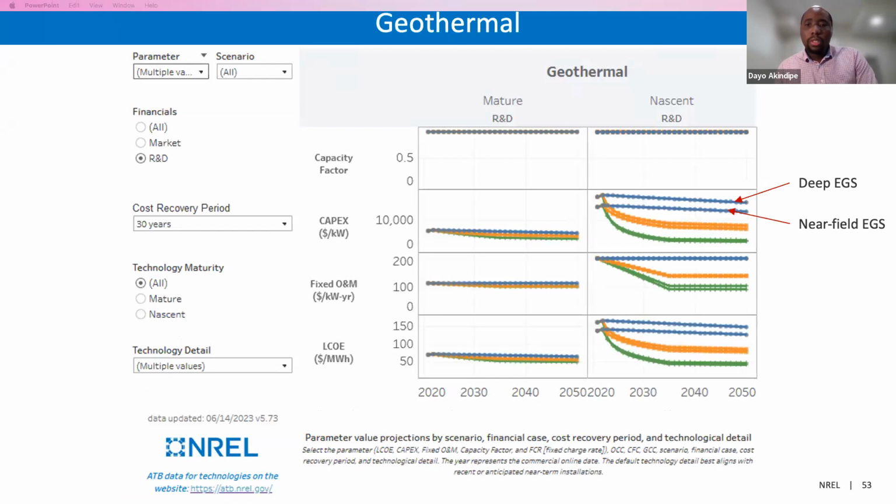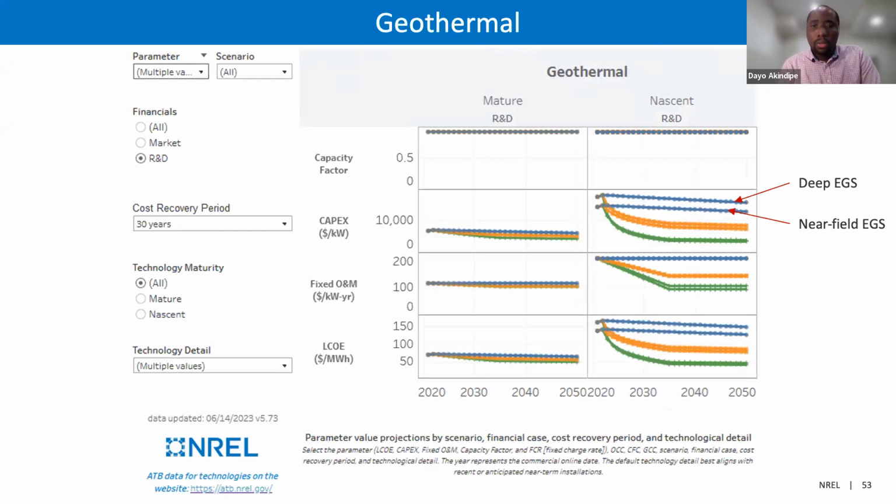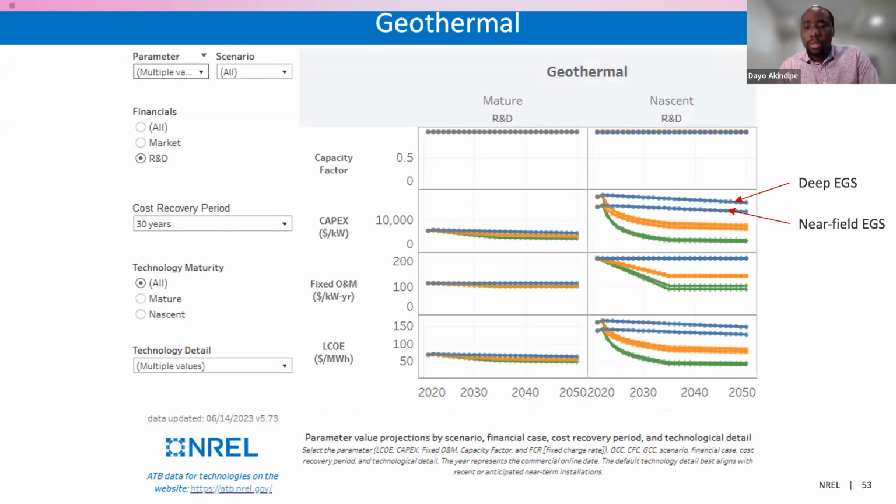One major thing we were able to do this year was to delineate the deep EGS from the near field EGS, because from a technology standpoint, we believe that the near field or the shallower enhanced geothermal systems will be more implementable in the near future than the deeper resources.